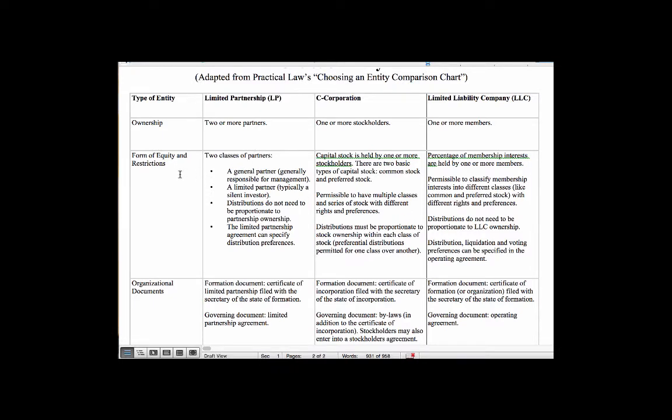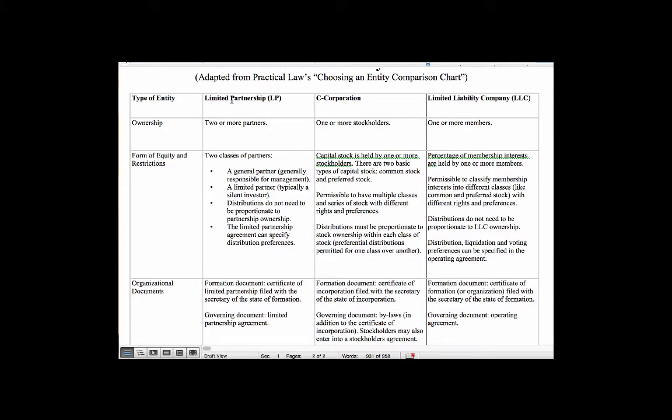And then, how can those ownership interests differ? How does it get structured? Well, in a general partnership, everyone's the same, right? Even Steven, they all have equal rights to participate in management, equal rights to participate in the economics, unless the partnership agreement says something different.